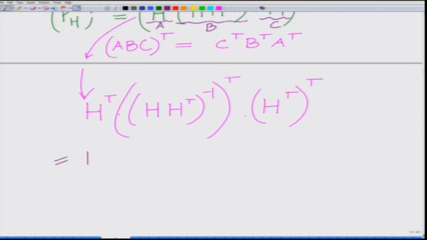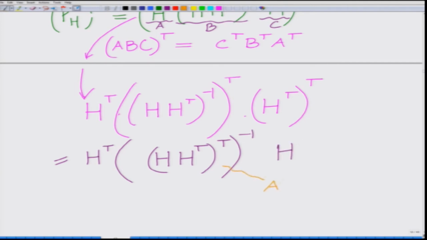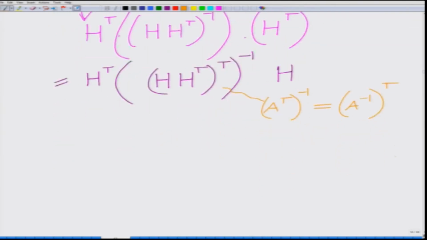Now, the transpose of an inverse is the inverse of the transpose. So, I bring the transpose inside and the inverse outside, and H transpose transpose is H. This follows from the property that A transpose inverse equals A inverse transpose.